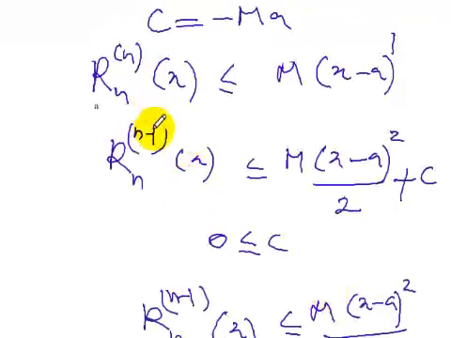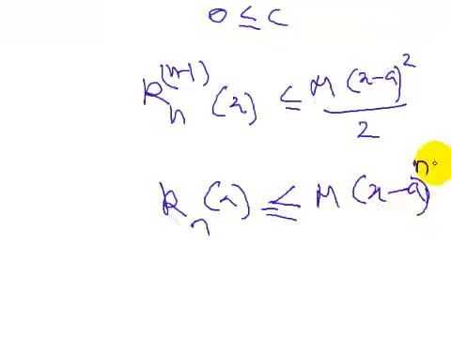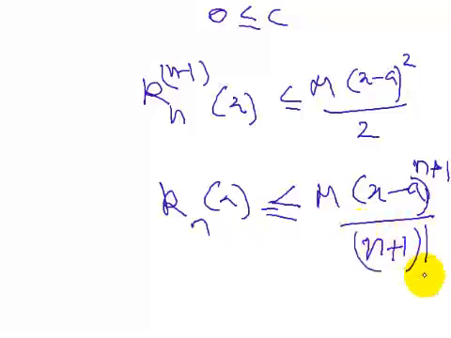So if you have n minus 1 here, you have n squared. If you have n minus n, this should be n plus 1, n plus 1, divided by factorial n plus 1. So this is the bound.